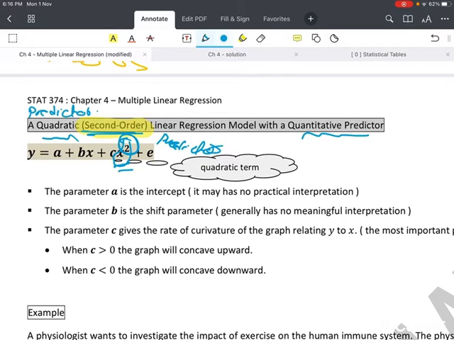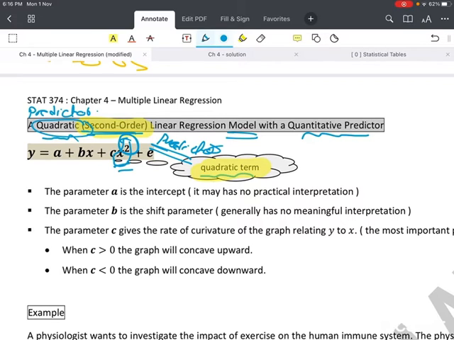When I say quadratic model, it means it contains a quadratic term. A quadratic term is one where the predictor is of second order, to the power 2.